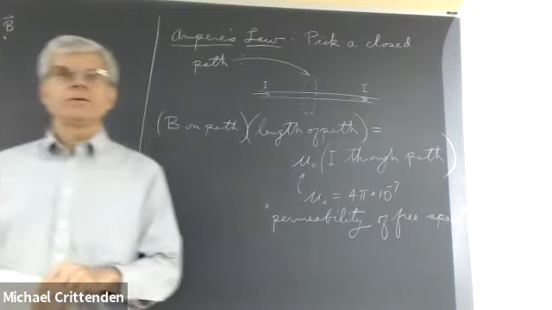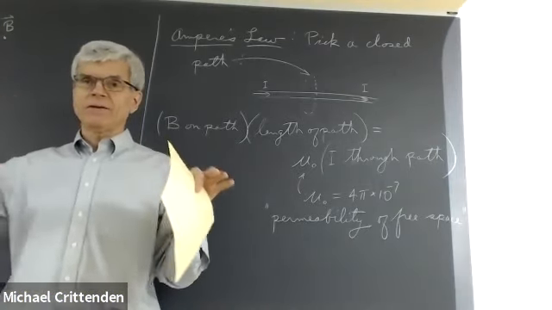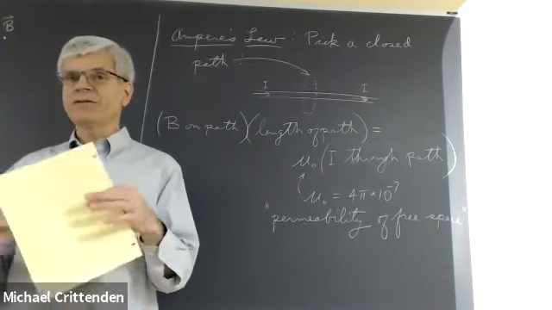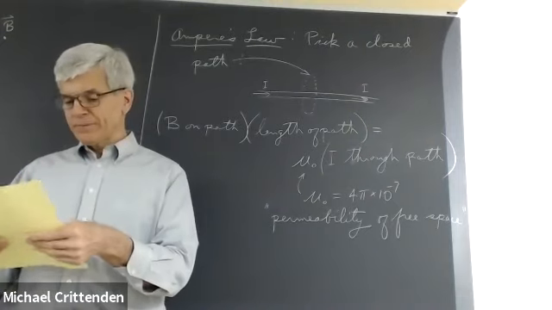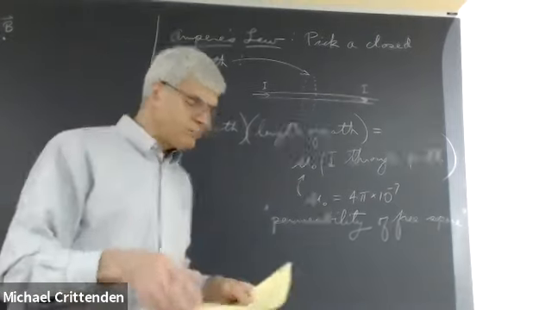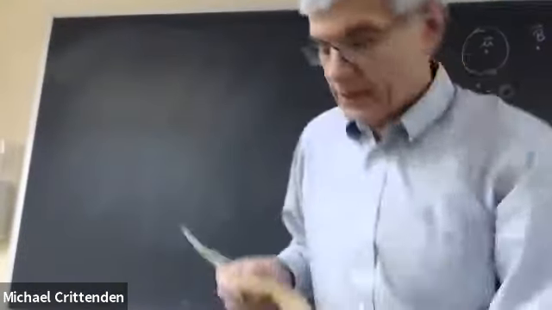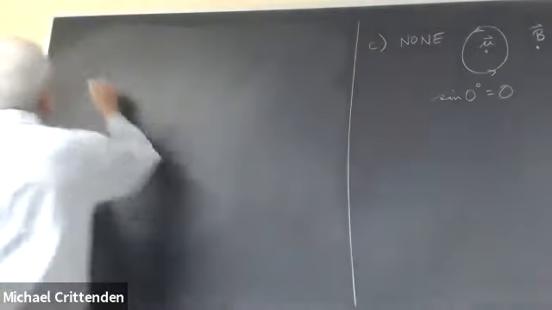Now, just like when we were doing Gauss's law problems, sometimes you had to break the surface into different parts and add up, like if you had a box, the flux through this side plus the flux through that side and so on. Well, sometimes you might need to do the same thing here. If necessary, break the path into pieces.